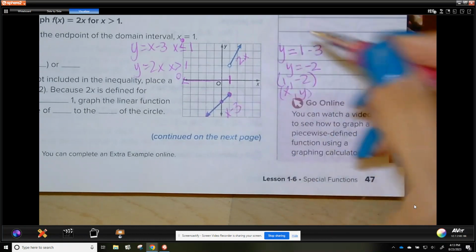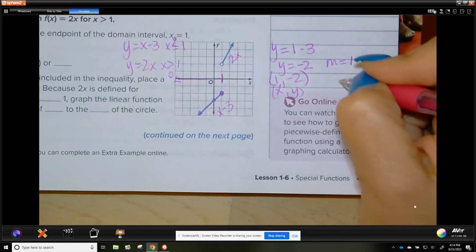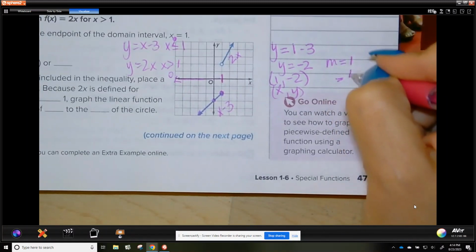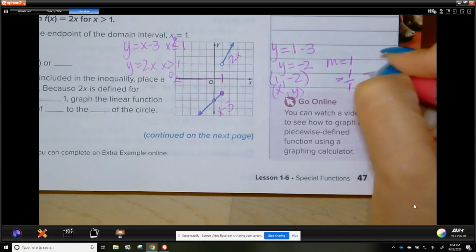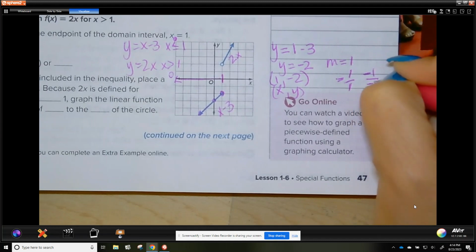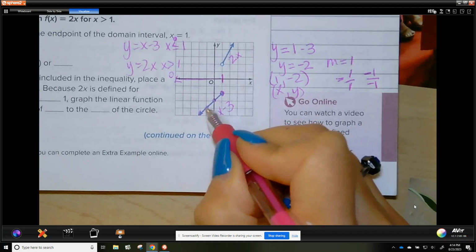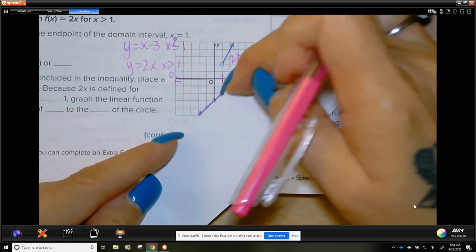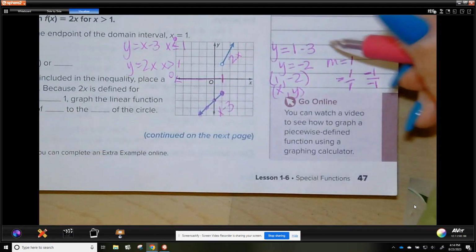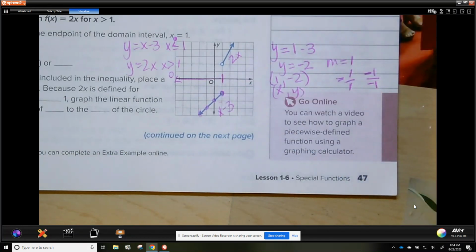For a slope of 1, m is 1, so I could do up 1 to the right 1, positive, positive, or you could do down 1 to the left 1. So you could start here and go down and left, down and left, down and left. That's the second way you could do it. So you could try to graph it and then just go from lesson 1, or you could plug in the value, find out where it starts, and then do your slope from that point.